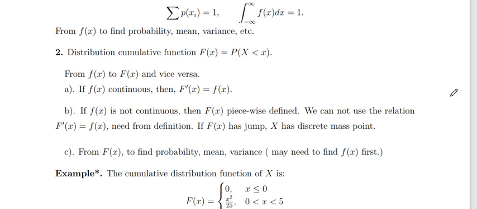So if there's a continuous distribution, then the cumulative function and density function have this relationship. So if F(x) is not continuous, is piecewise defined, then you cannot use the derivative.